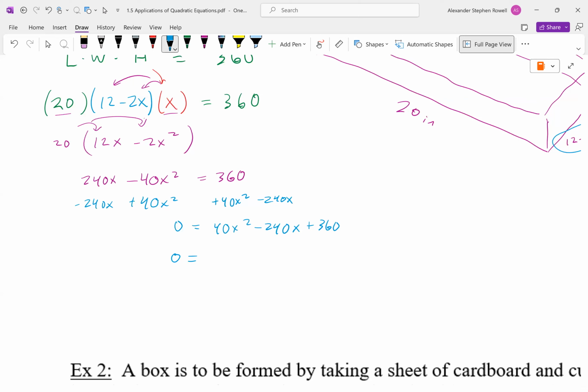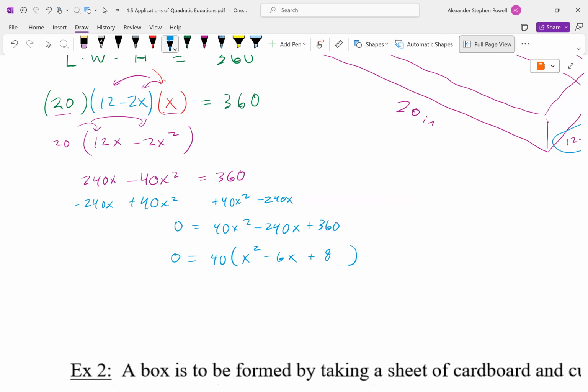So what about 4, 24, and 36? They're all divisible by 4. So we can factor out 40. Get x squared. 24 divided by 4 is 6. And 36 divided by 4 was that 8?